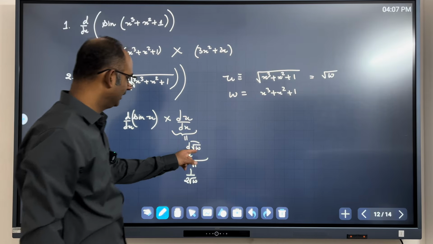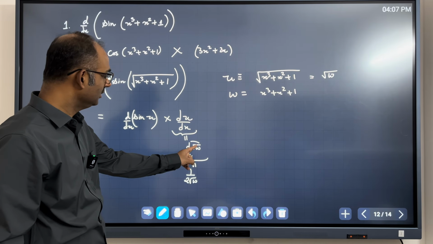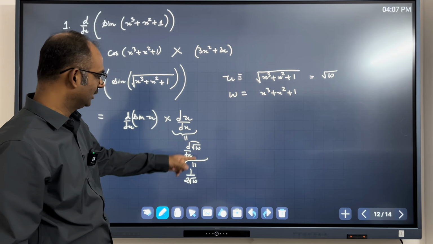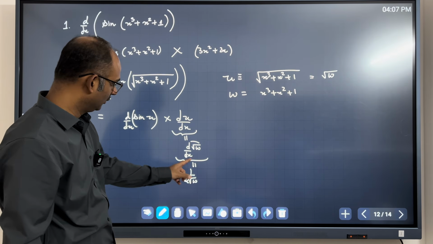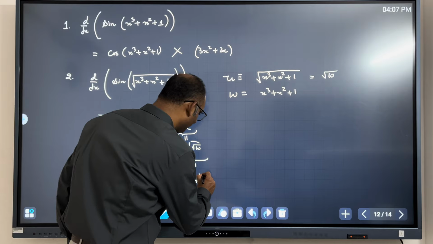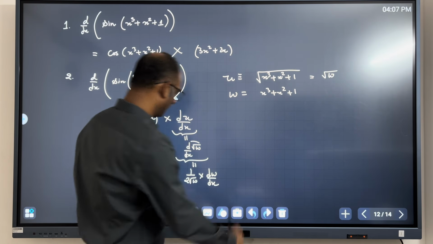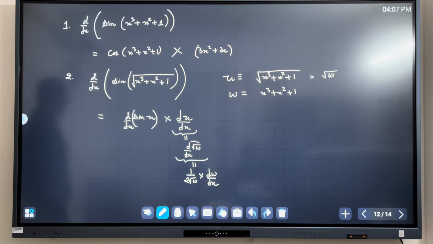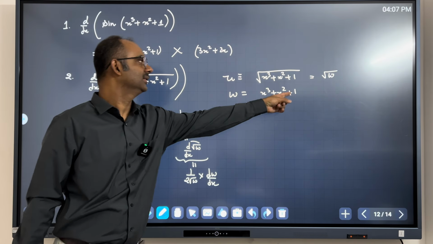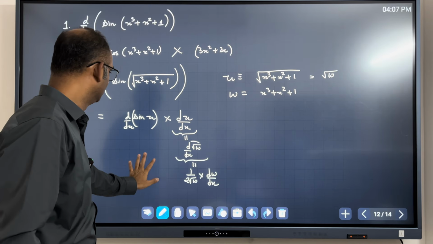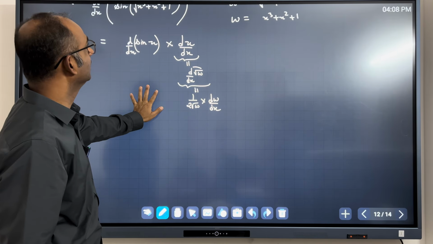The derivative of the square root of w, so I am using the chain rule again and directly doing it: 1 over 2 root w times dw over dx. Is that fine? So we are here now. dw over dx, that's simple. So where do I stand now?